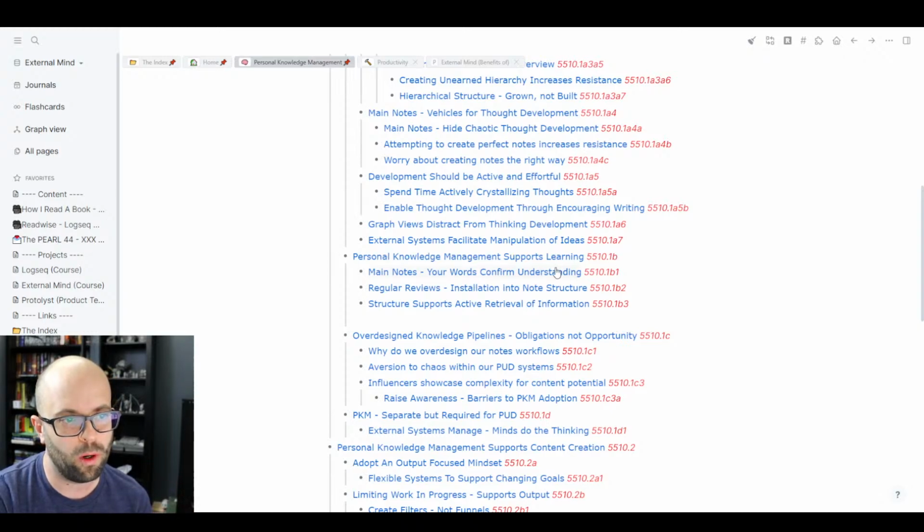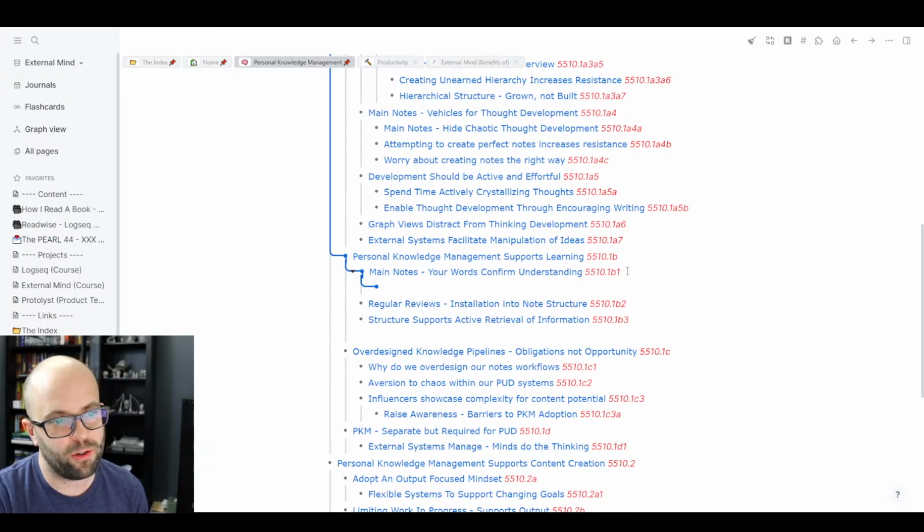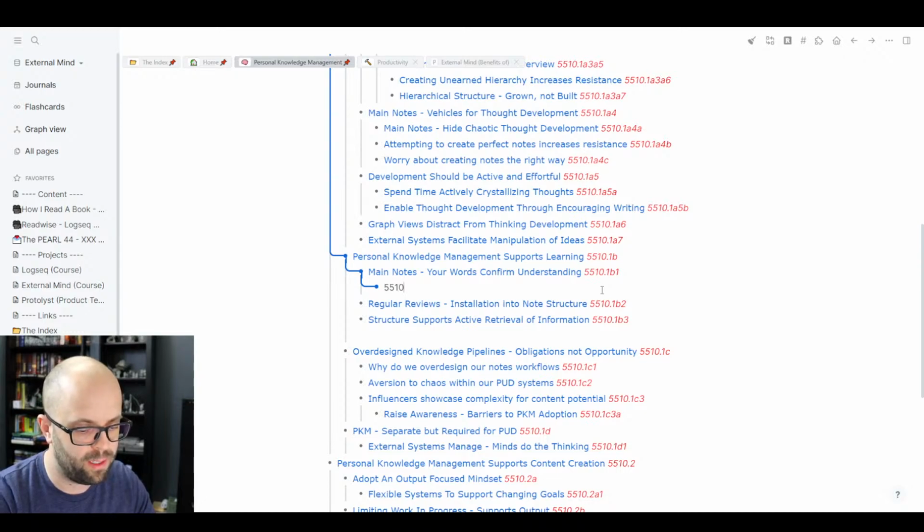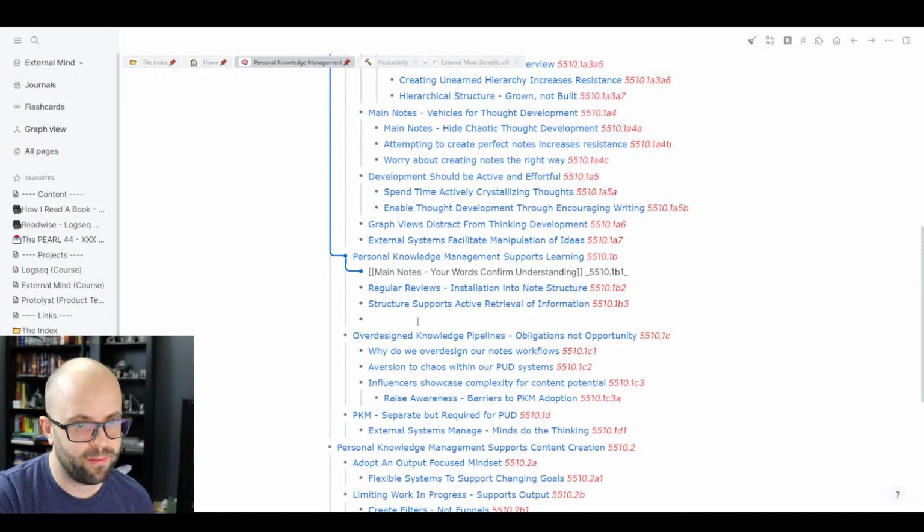So 1B becomes 1B1, and if something was to be inserted between these two, more related to this one, then this would be 1B1A. That's currently how I'm doing it.